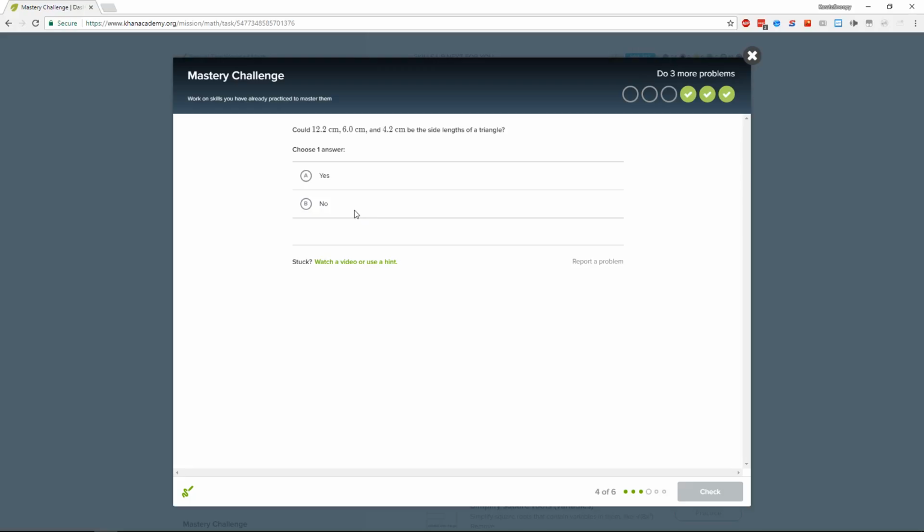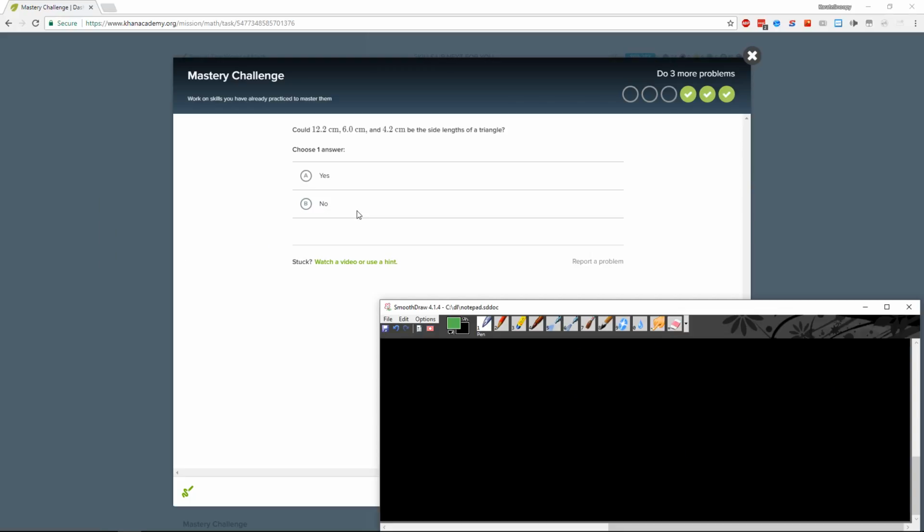Could all these numbers be the side lengths of a triangle? Let's clear this. Doesn't look like it. So 6 squared plus 4.2 squared equals 12.2 squared. So 36 plus something like 16 equals 144. I would say no.